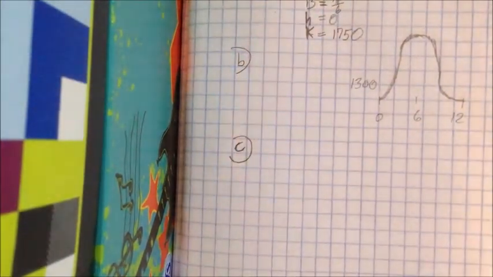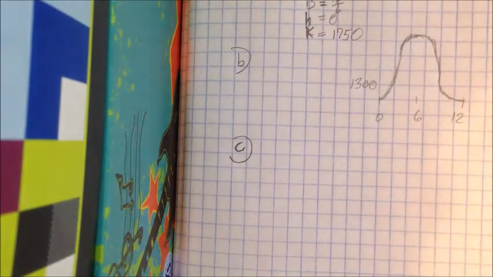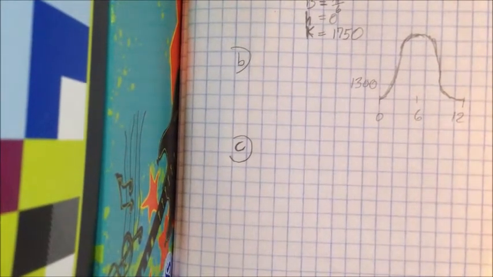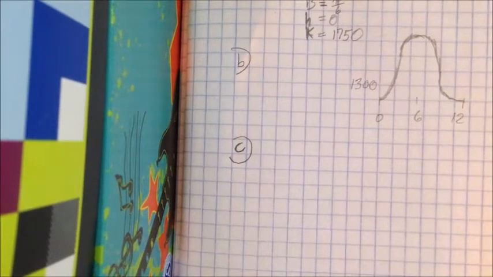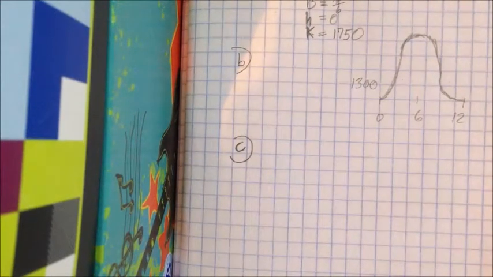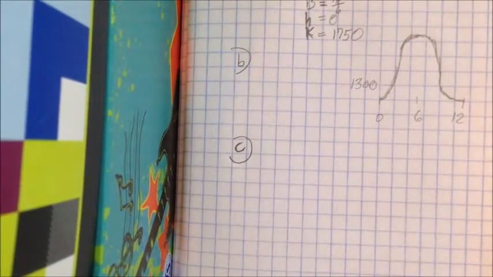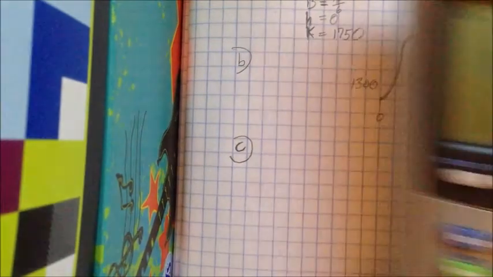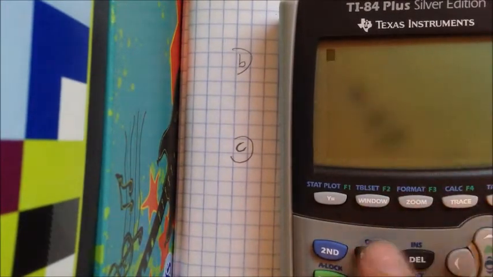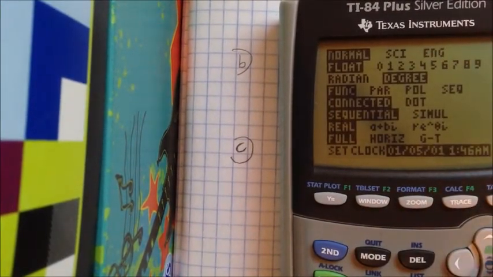So moving on to C. C wants us to use a graph to estimate when P will equal 1,500. To do that, if you have a graphing calculator, which I imagine most everybody will, first you need to make sure that you are in radians.